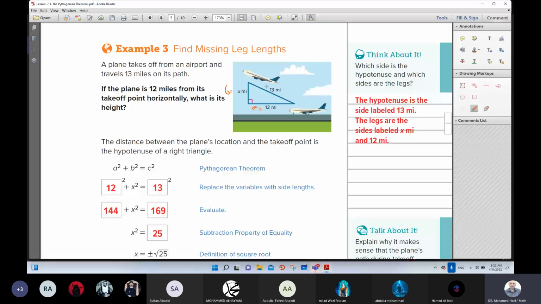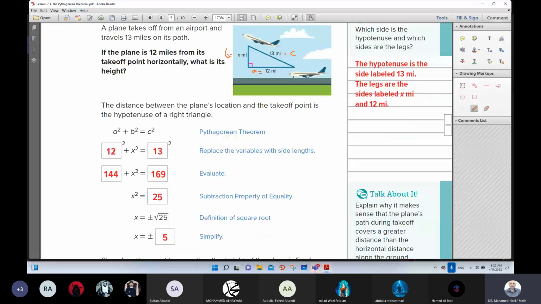A squared plus B squared equals C squared. The value of A will be 12, and the value of B will be X, and C equals 13. So 12 squared means 12 times 12 will be 144, plus X squared equals 13 times 13 will be 169.